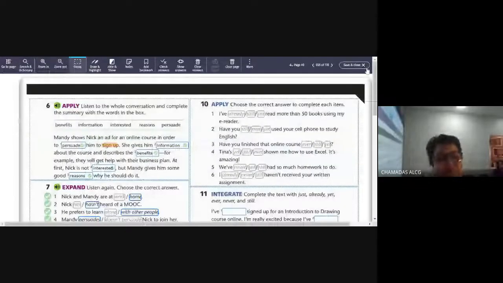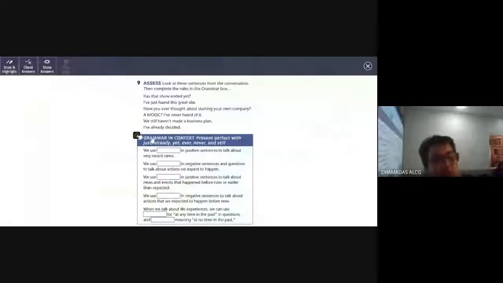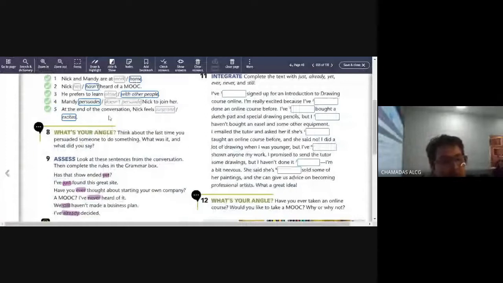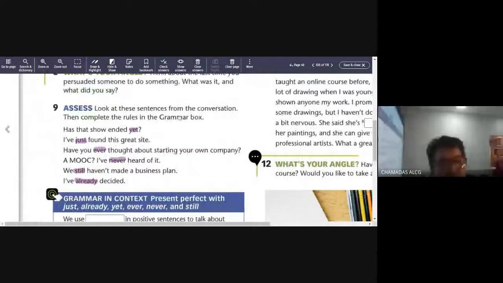So now, guys, moving a little further, what do they want us to consider? Here, this is way too small, so let me unfocus and make it bigger. They want us to look at these sentences from the conversation and then complete the rules in the grammar box.